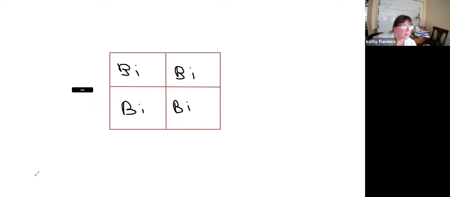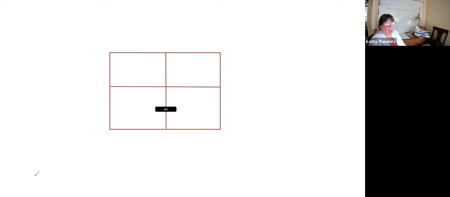If a carrier of cystic fibrosis, which is passed through an autosomal recessive allele, mates with another carrier of cystic fibrosis, what are the chances of having a child with the disease? You should know this from today, but let's work it out. So we have a carrier of cystic fibrosis. How do we want to name that allele?